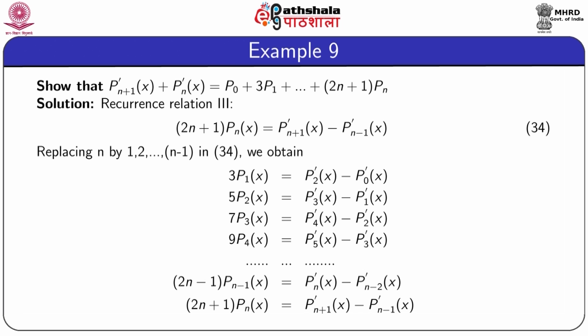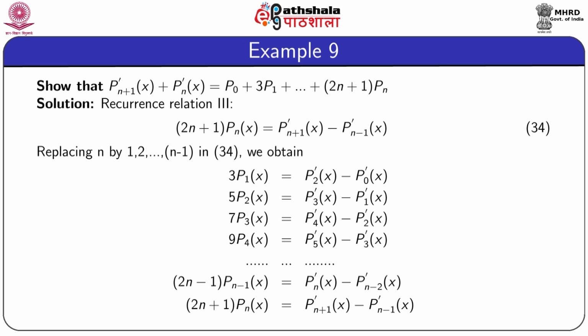We replace n by 1, 2, dot dot dot n minus 1 in 34, and we will obtain 3 P 1 is equal to P 2 dash minus P 0 dash, 5 P 2 is equal to P 3 dash minus P 1 dash, 7 P 3 is equal to P 4 dash minus P 2 dash, and so on.